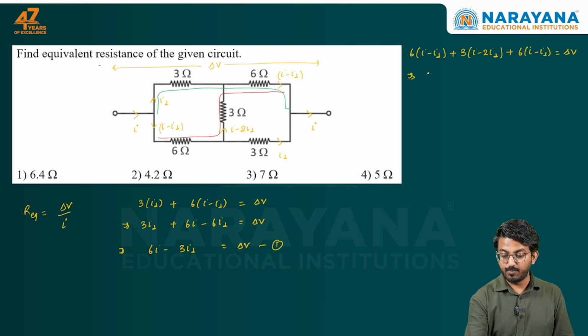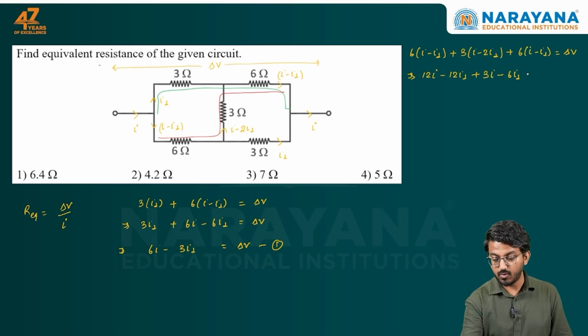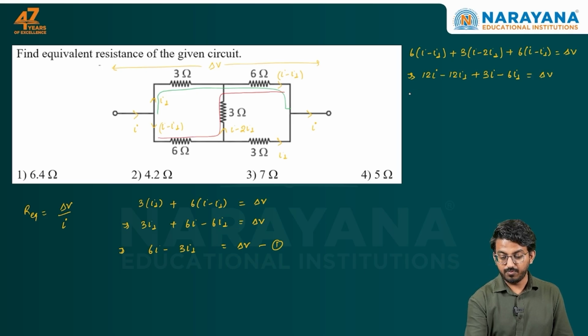Which if you simplify, I can see I have 12I minus 12I1 plus 3I minus 6I1 is equal to delta V, giving us 15I minus 18I1 is equal to delta V, and that's our second equation.